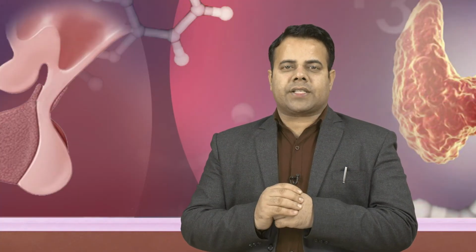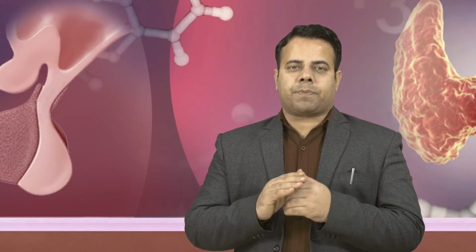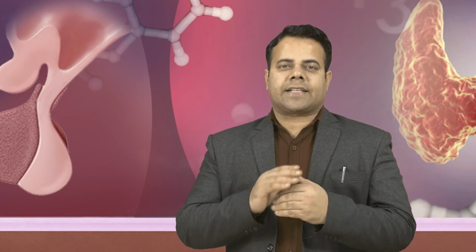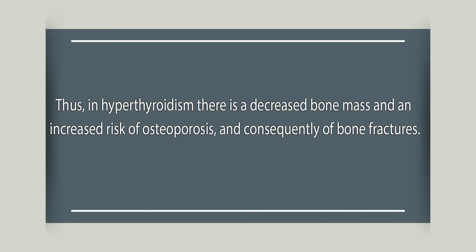In hyperthyroidism, both phases of bone resorption and remodeling are shortened since both processes are accelerated. Thus, in hyperthyroidism, there is a decreased bone mass and an increased risk of osteoporosis and consequently of bone fractures.